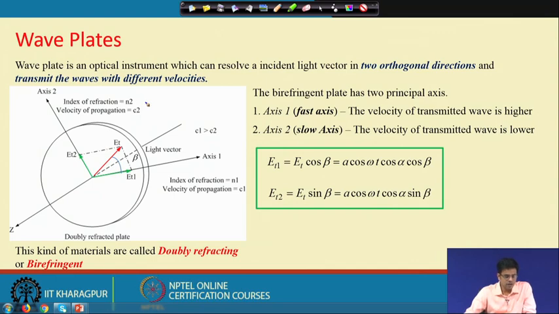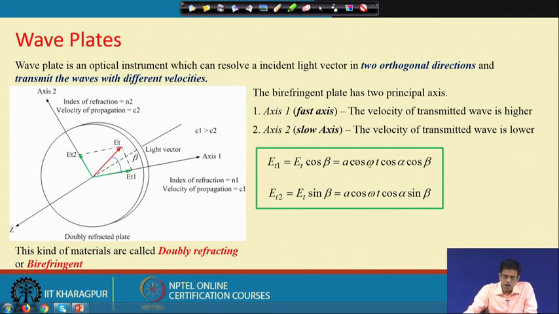So, if the index of refraction is n2 and velocity of propagation is c2, and for the other medium n1 and c1, then how we can resolve any incident light wave. So, one axis will be faster, one axis will be slower.